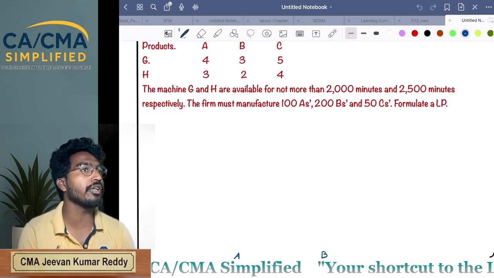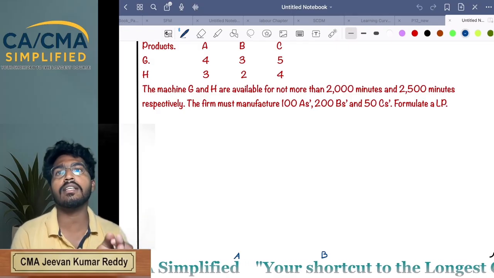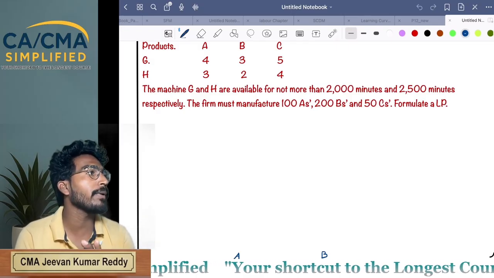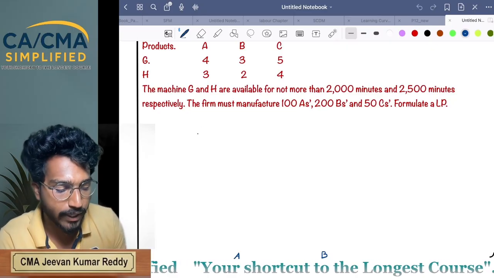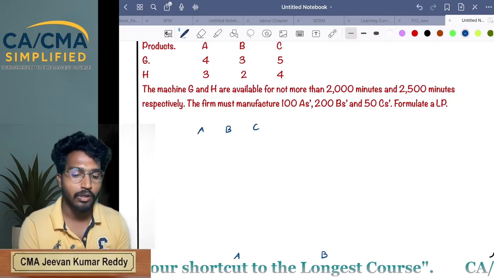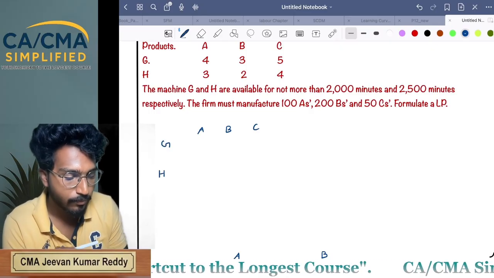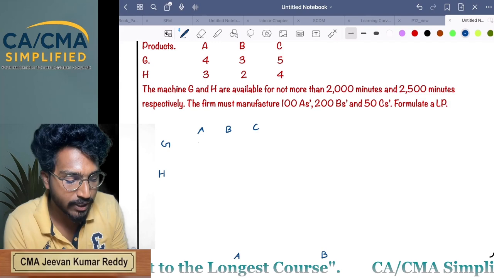Now first, what we need to do is construct the table for easy solving of the LP problem. So how many products? A, B, C. Now, what are the machines? G and H. A requires how many minutes? 4.